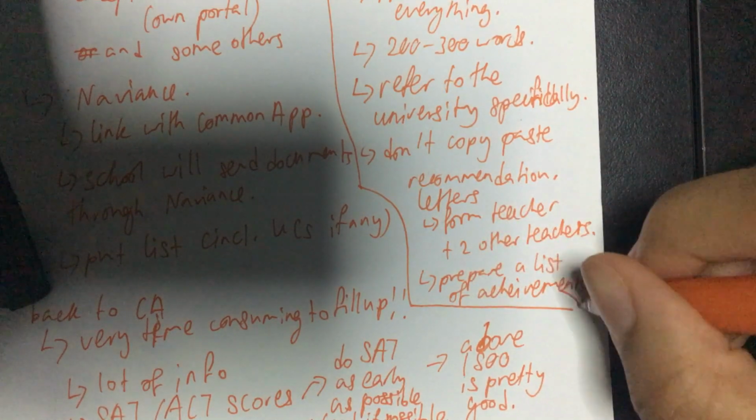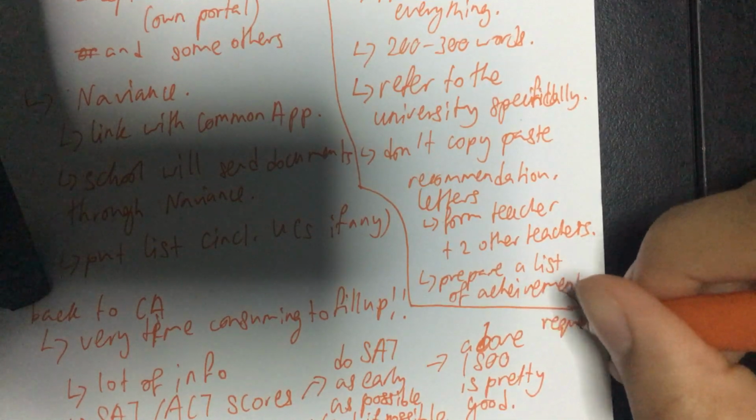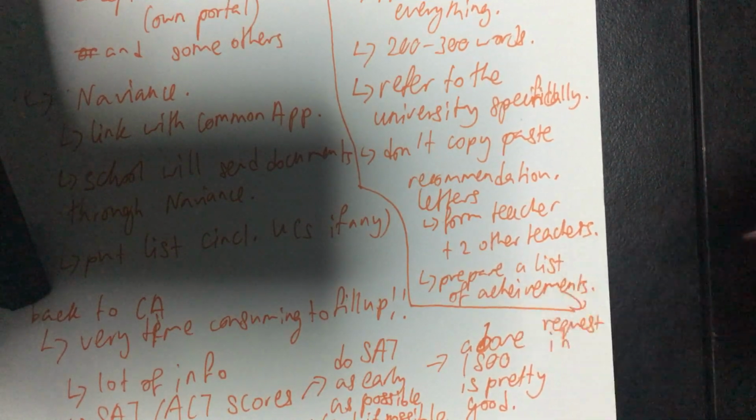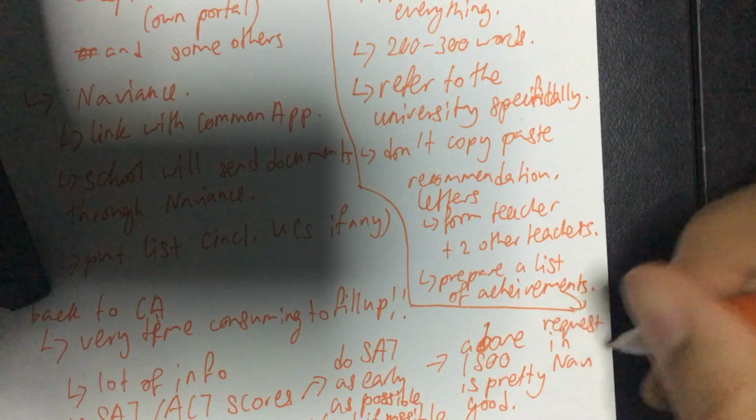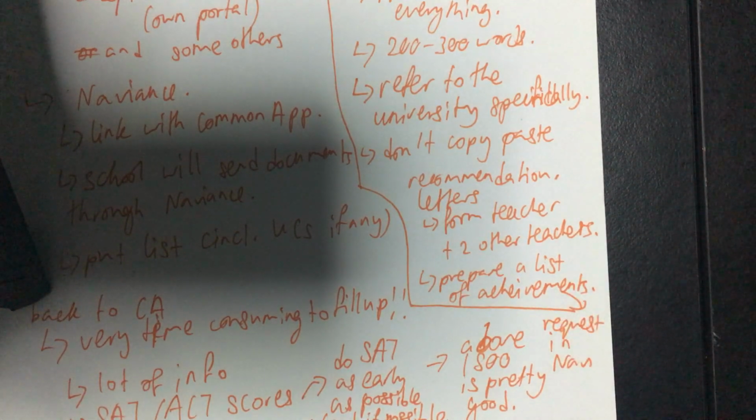And once they finish and send the letter, you should be good, I think. You will be able to find it in Common App, or you can see it in Naviance. But you're not allowed to see the recommendation letter, so don't ask them, oh, can I see the letter? No, don't do that.